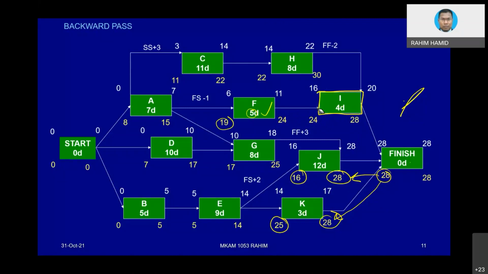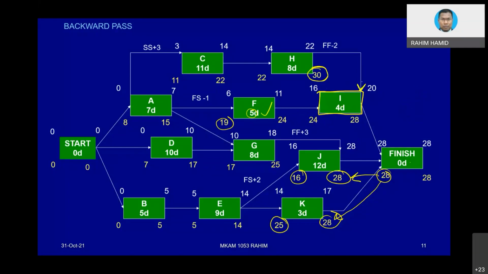But the issue with DH is this value. How do we get that value? Well, if we follow the procedure, we are doing the backward pass, tracing back according to the arrow, because the arrow is coming from the back.